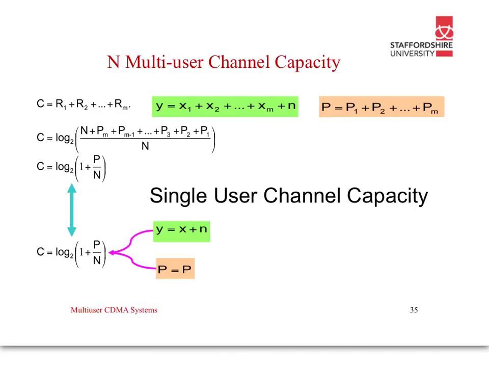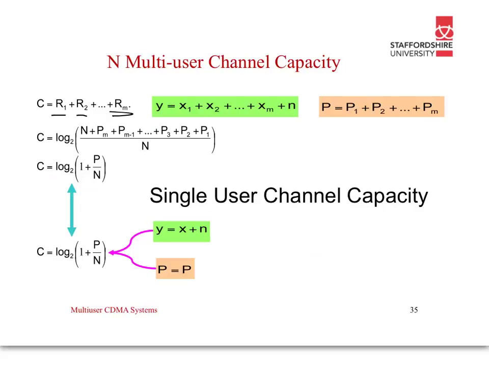So, multi-user channel capacity. If we have n multi-users, because it's CDMA, the capacity is equal to the sum of all the powers at all the receivers: receiver 1, receiver 2, receiver 3, up to receiver M. Because the channel reuse ratio is 1, every user can use the whole channel.